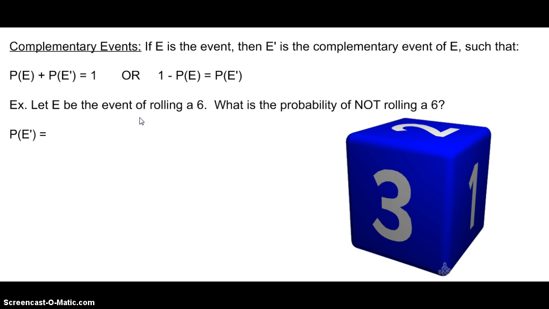We have 1/6 of a chance that we'll get a 6 because of possible outcomes. There's 6 different, and we're only going to get one try. So the probability of not rolling a 6 would be 1 minus 1 over 6, which would be 5/6. So there's a 5/6 chance that when I push this, we won't get a 6.